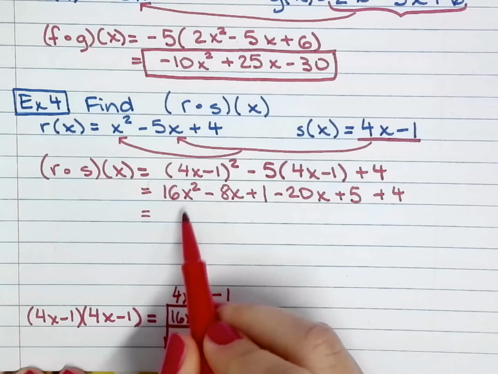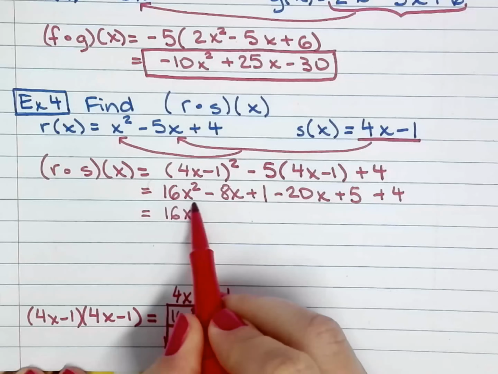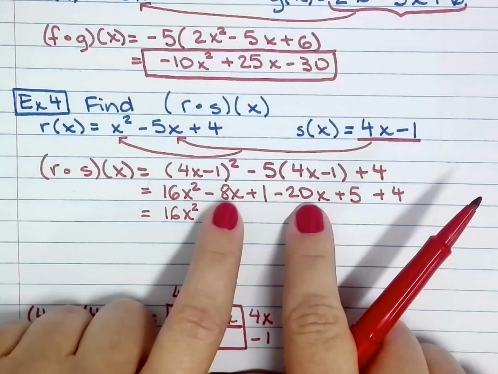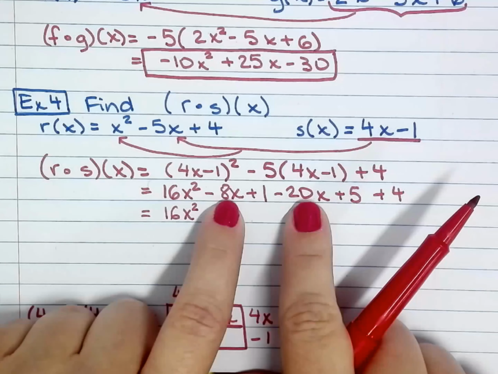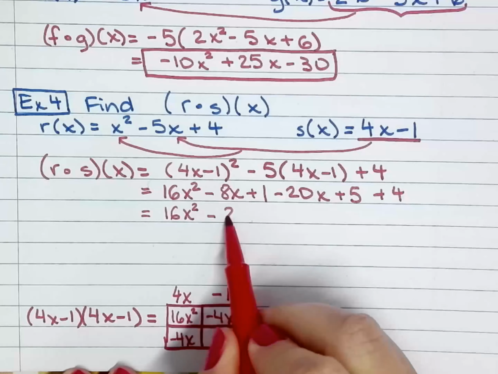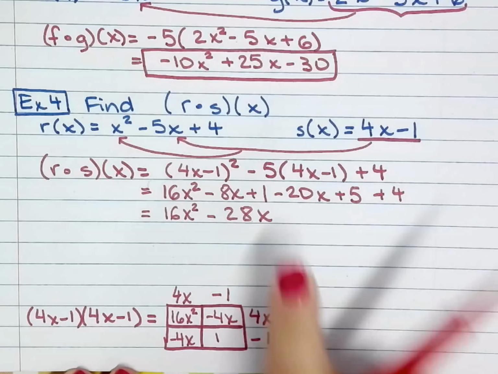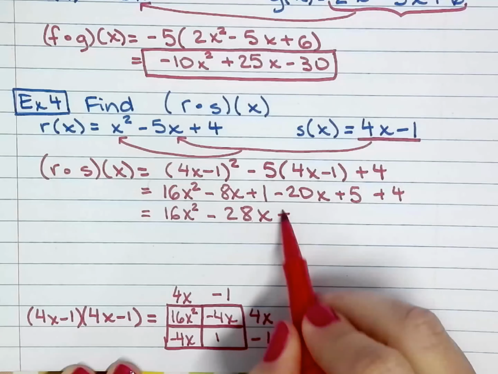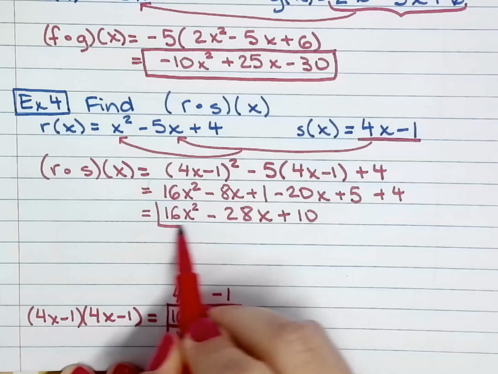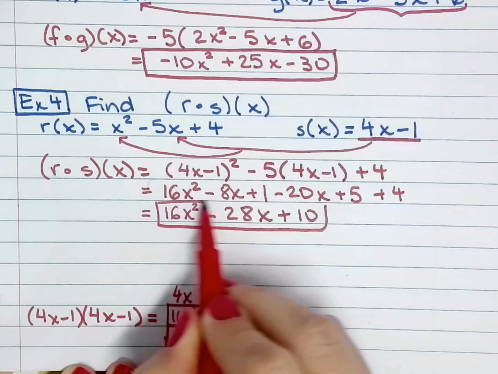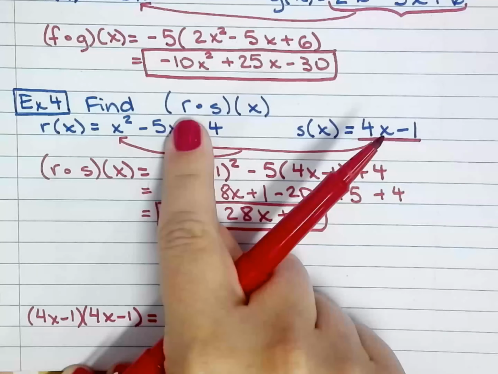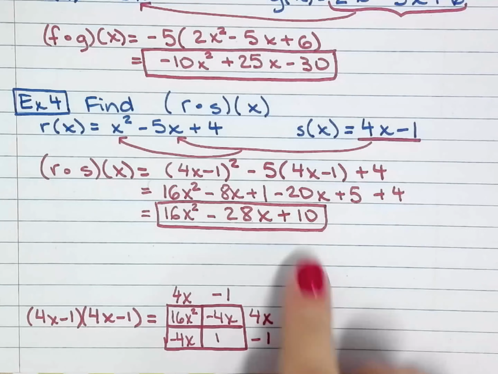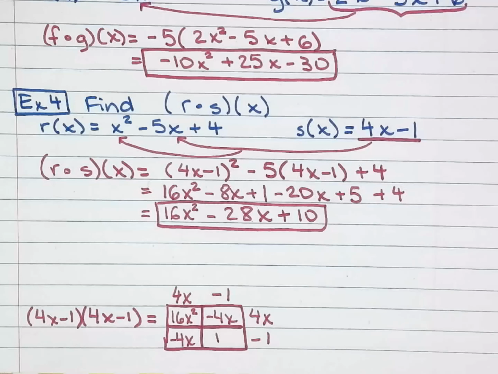I don't have any other x squared, so 16x squared. I can put the two x's together, so the negative 8x and the negative 20x. And then 1 and 5 is 6, and 4 is 10. There's nothing else I can do to simplify this. Therefore, r is composed with s of x is this whole thing right there fully simplified.